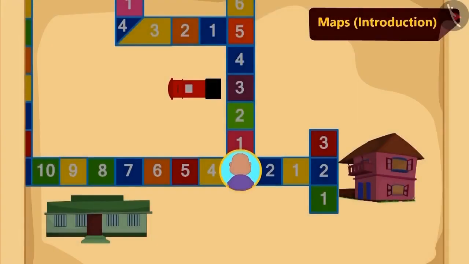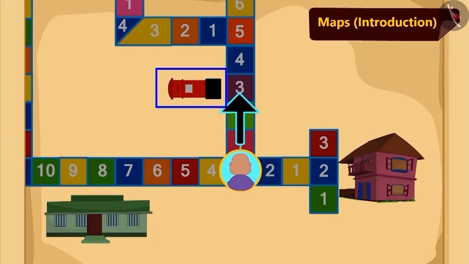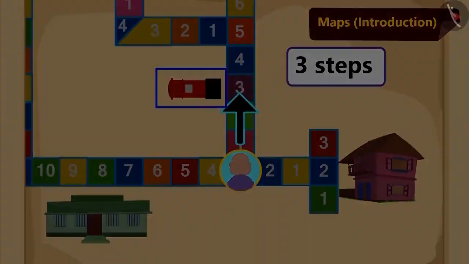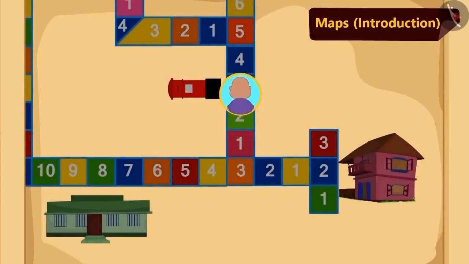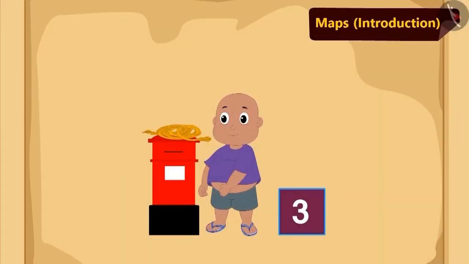Children, can you tell how many more steps should Bablu walk to reach the post box? Yes, 3 steps. 3 steps ahead, Bablu saw a post box to his left side.